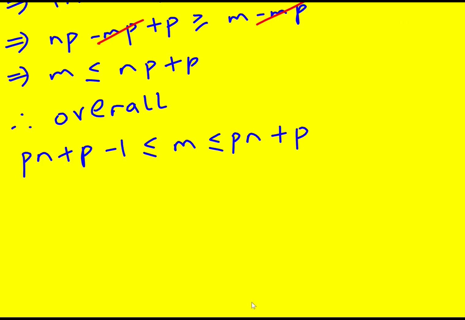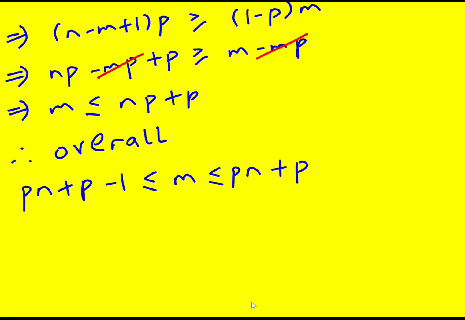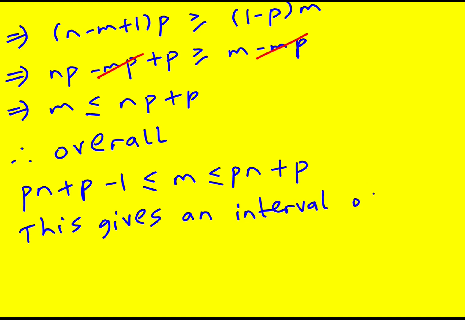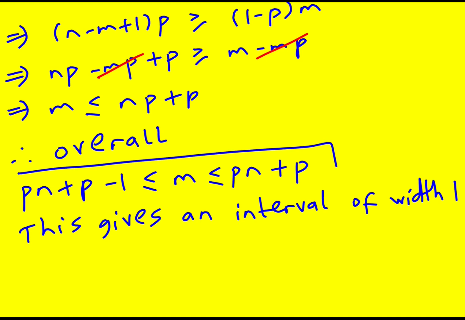And this gives an interval of width 1. I could factorize the p, but I think it's absolutely fine to leave it like that.